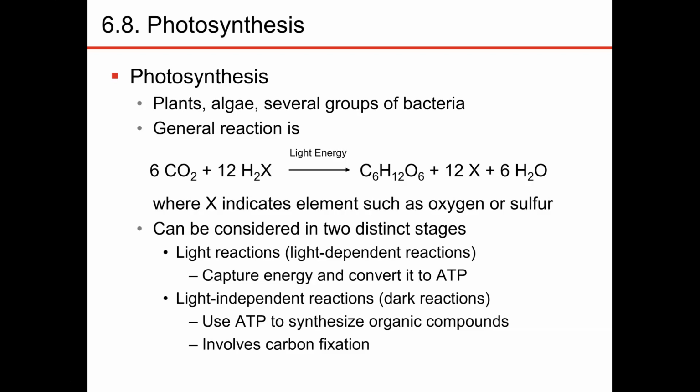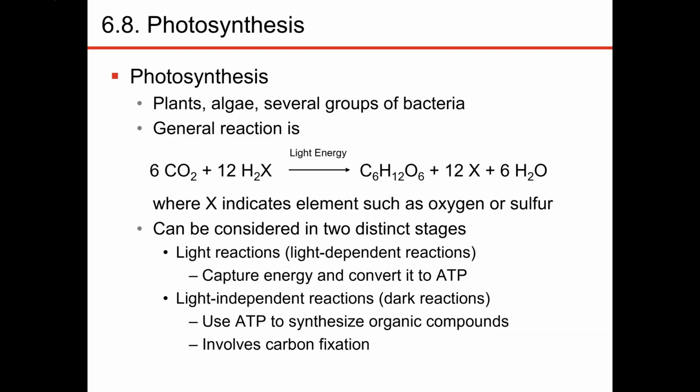So photosynthesis is the production of organic molecules from inorganic carbon. So we take carbon dioxide and we produce glucose or other organic materials. There are multiple organisms that do this.